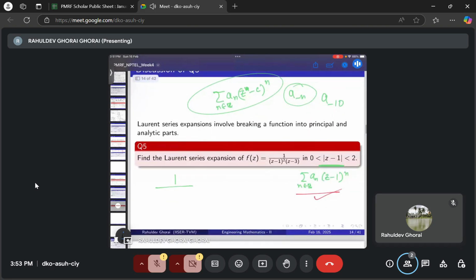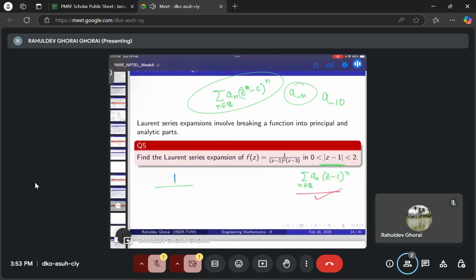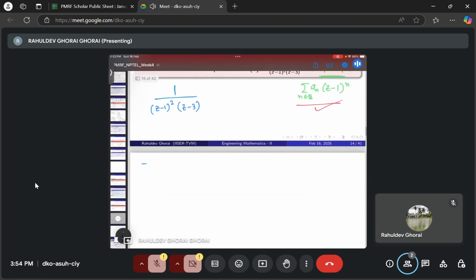So to do that, we take 1 over (z minus 1) whole square. See, we should not disturb this quantity because already we need z minus 1 type of term, right? Now we have z minus 3. So what one can do, 1 over (z minus 1) whole square, write z minus 3 in terms of z minus 1. That is minus 2 plus (z minus 1), right?